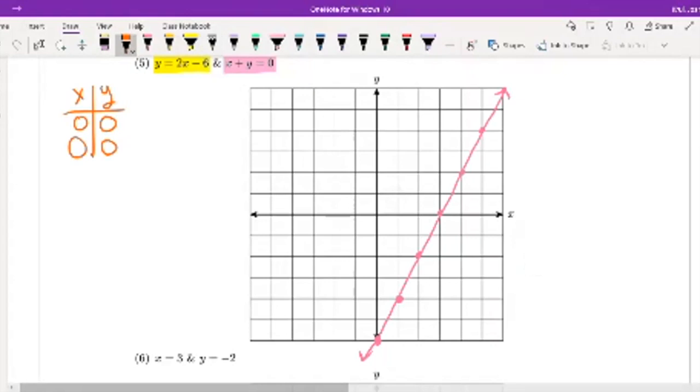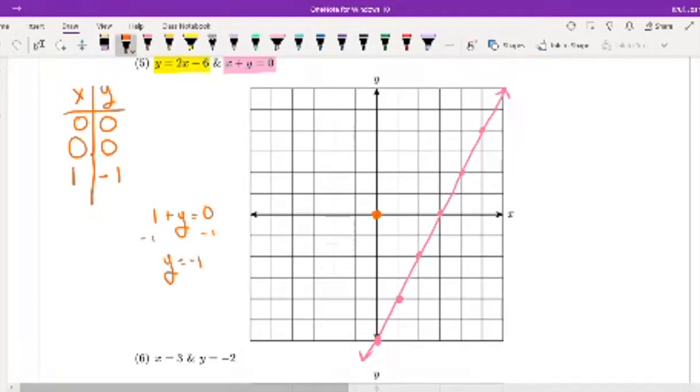So that is pretty terrible because it's only giving us 1 point. So that means that we have to try another point because we always need 2. So let's let x equal 1 just because sometimes it's easy to do that. So then you would subtract 1 on both sides and you get 1 comma -1.